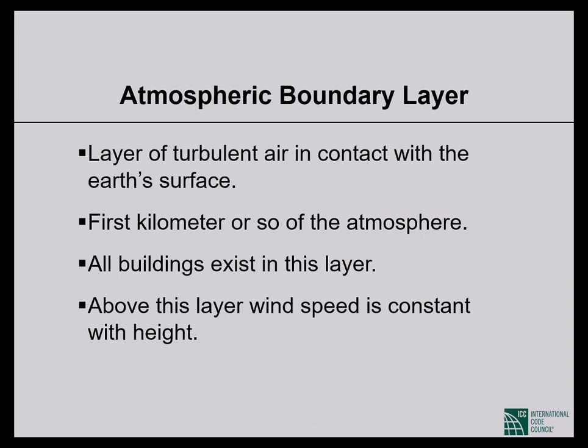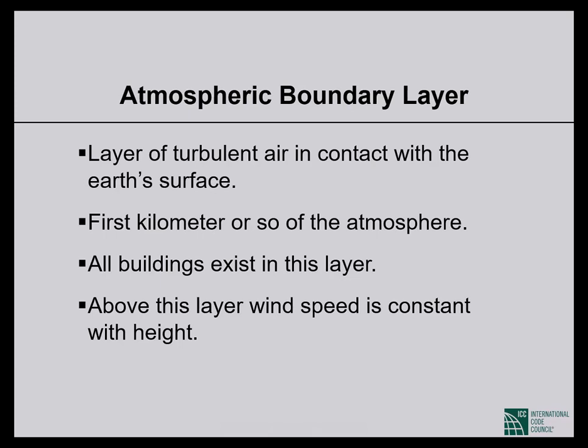Okay. So K sub Z. Now, this is where the atmospheric boundary layer comes in. Atmospheric boundary layer is the layer of turbulent air in contact with the Earth's surface. It is the first kilometer or so of the atmosphere. All buildings exist in the atmospheric boundary layer.